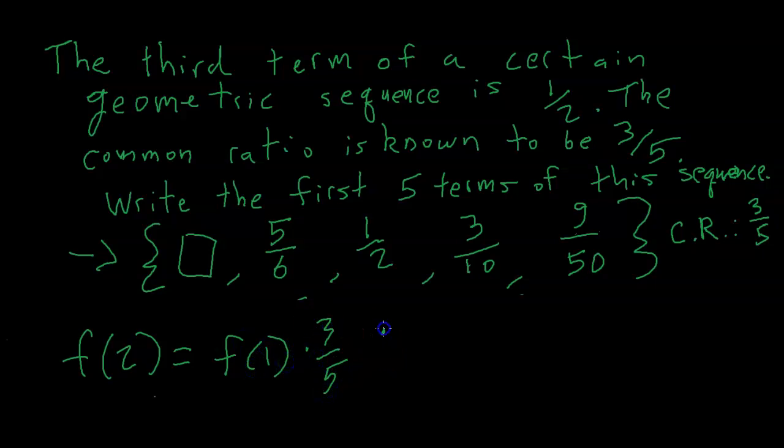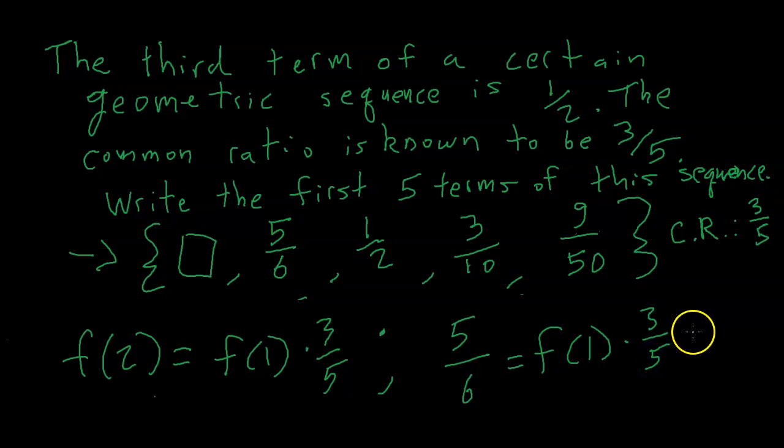Our second term is 5/6, and that's going to equal f of 1, our first term, times 3/5. We do the same thing. We're going to get rid of this factor 3/5 so that f of 1 is by itself. We're going to multiply both sides by 5/3.